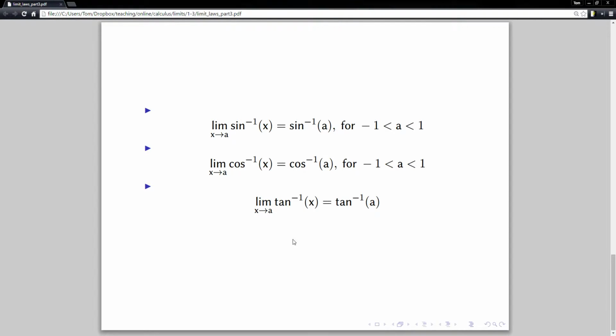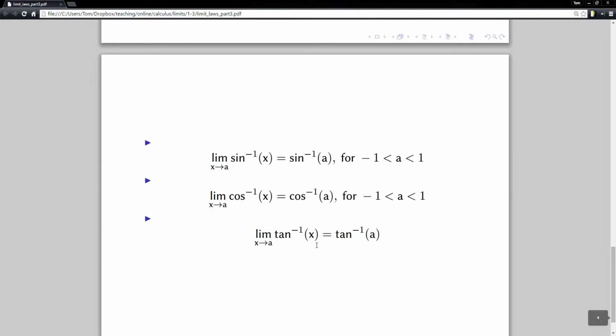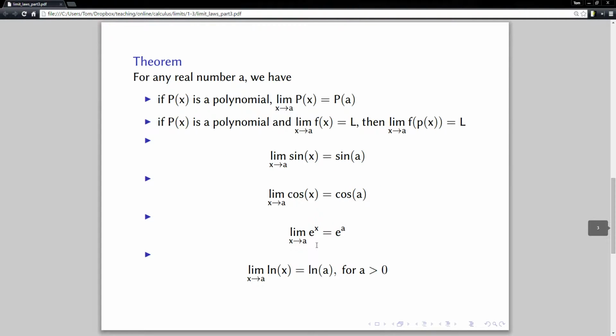That's most of the functions which we would care about in calculus class. So for a lot of the major classes of functions that we want to look at, you can just take the limit by evaluating the function. That is, taking the number a and finding the function value there, that's going to wind up being the limit. So that's kind of nice.